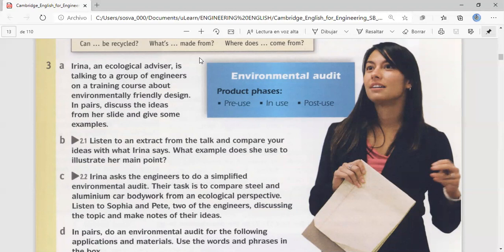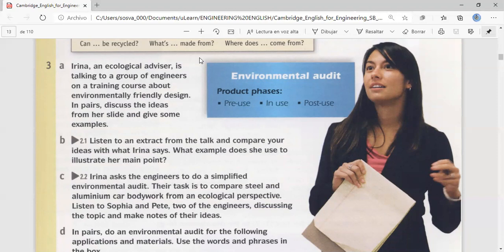Just as an extra point of view, environmental friendly design is designing with environmental protection in mind. So for example, recycling, energy efficient, avoiding pollution, etc. Okay, that's the main idea of the pollution by itself.